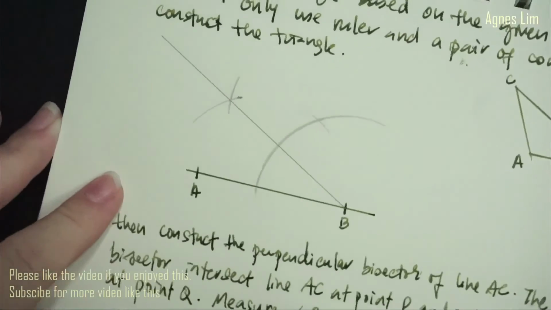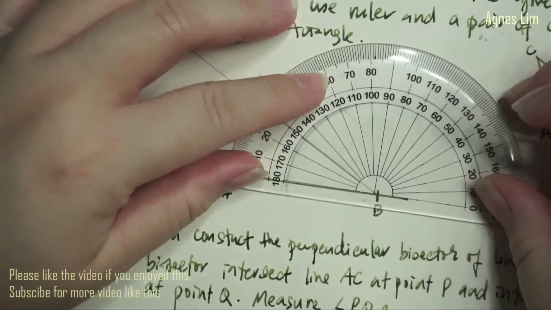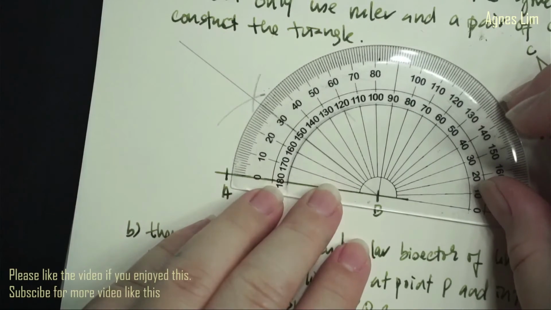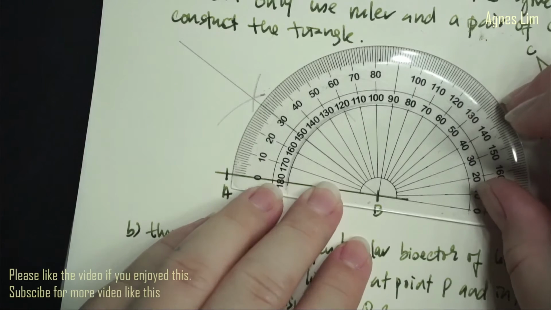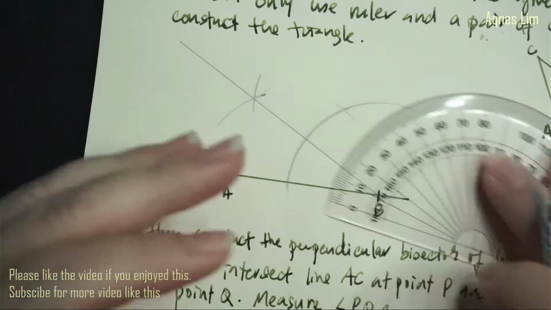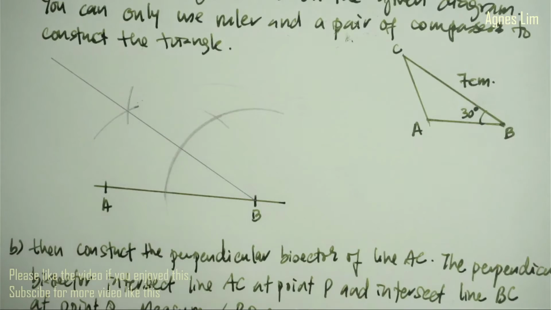So before we carry on, just like usual, let's check, is it 30? Alright, so it's nicely 30. Then we can continue to the next one, which is 7 centimeter.